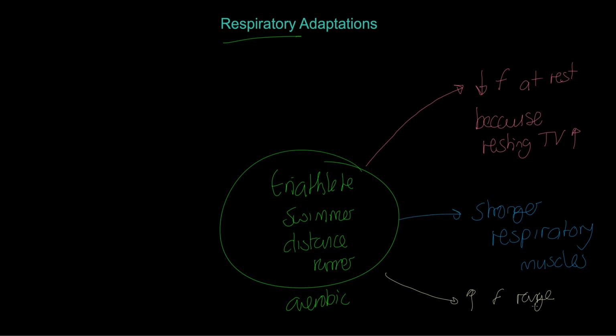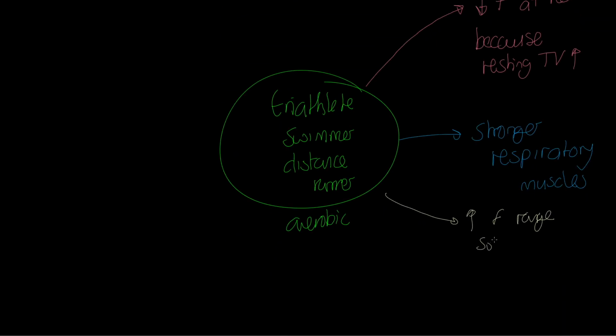What this leads to is that we have a greater maximal breathing frequency, and especially the difference between rest and max. And that again is because of the strength of those respiratory muscles, and especially the expiratory muscles, the breathing out muscles. Think about the rectus abdominis, think about the internal intercostals. These become more and more efficient, therefore we can breathe out faster during maximal exercise conditions.